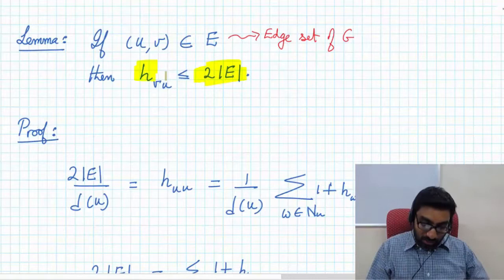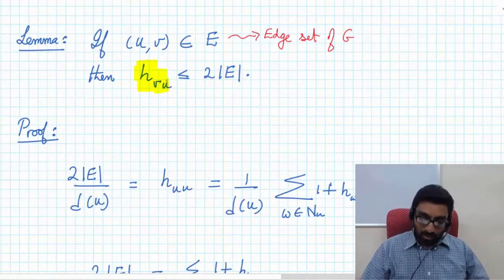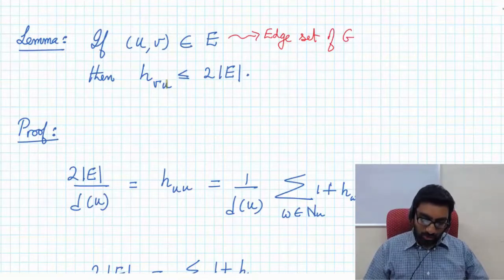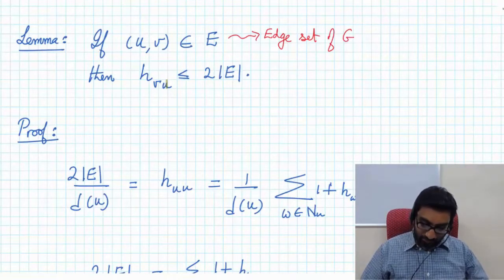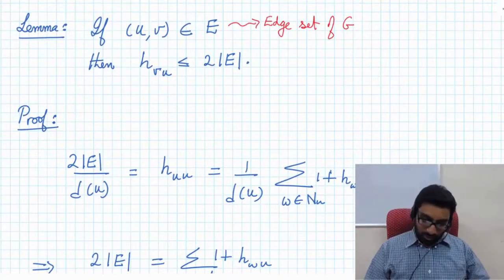But what this claims is that even if you're unlucky, the expected time to go from a vertex v to its neighbor u is at most 2 times e. And here's how the proof goes.